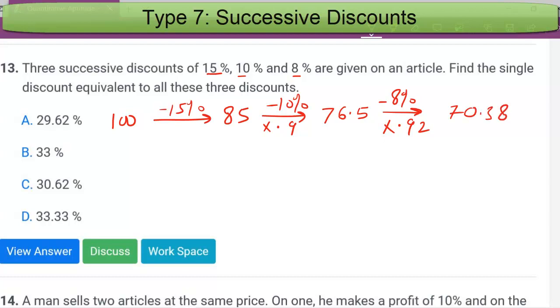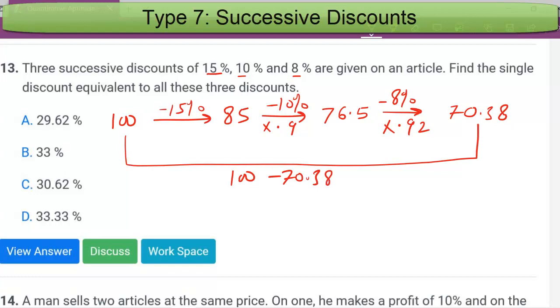Now again the same thing is there. The initial value was 100 and the final value has become 70.38. So the equivalent discount is 100 minus 70.38, that will be equal to 29.62. So that's an odd number, but that is the answer. 29.62% is the answer. That means option A.